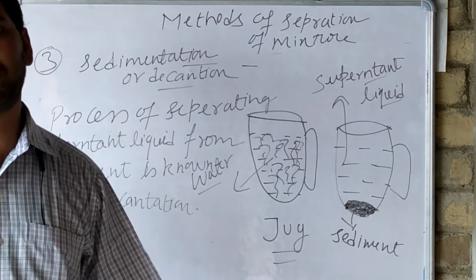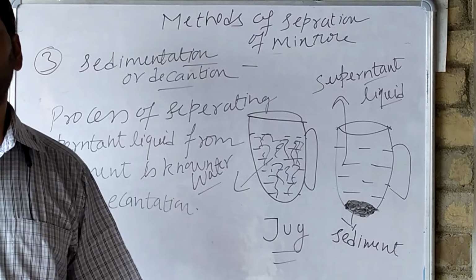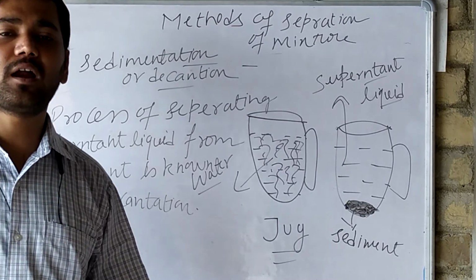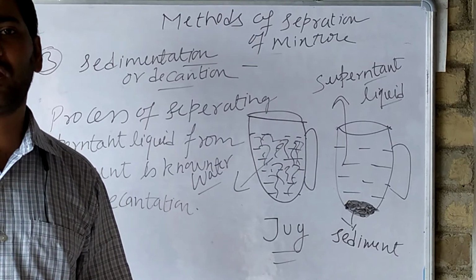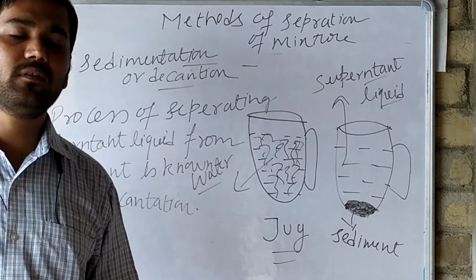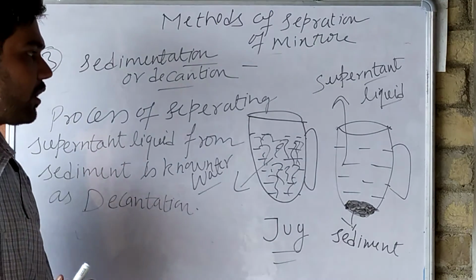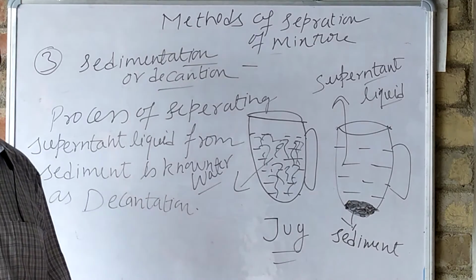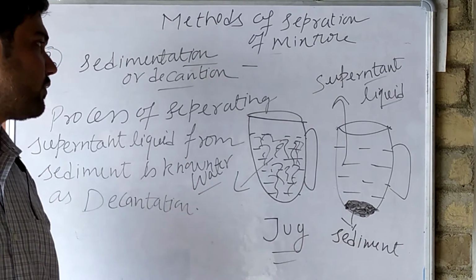By this we can separate impurities from the mixture. Like flour, atta. You have seen in your own house that your mother sieves the flour to separate the impurities so that we can eat impurity-less flour. So that is the first process.